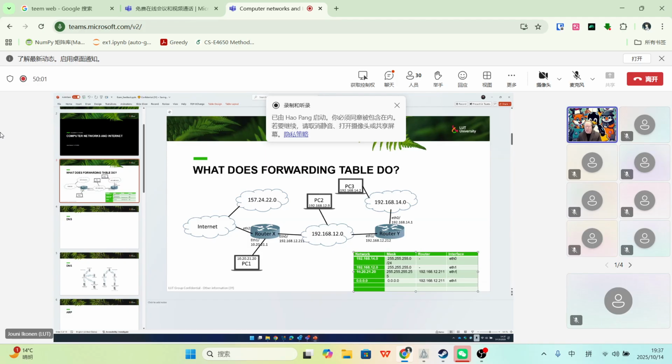But we don't actually need this, because our default rule is already sending the data to router X, which goes through its forwarding table and forwards it here. So this is unnecessary, but if you marked it in the exam, it's not wrong, just extra.